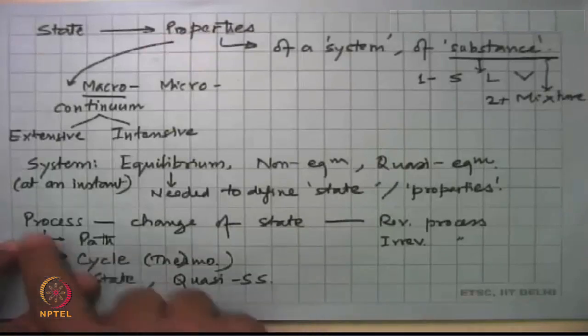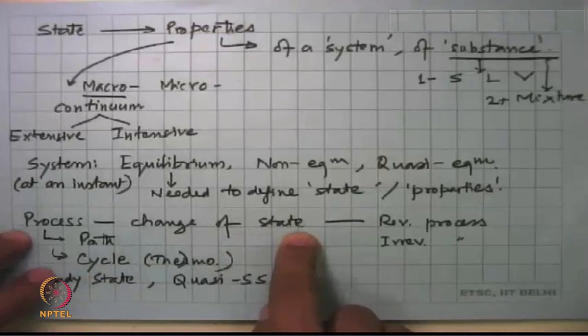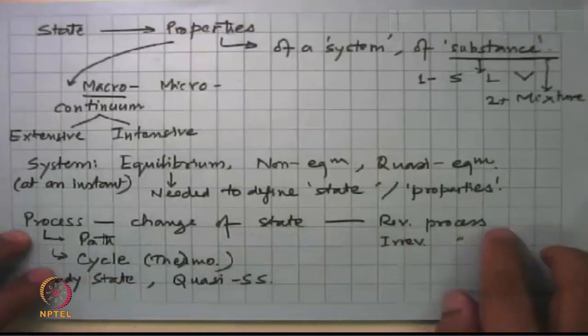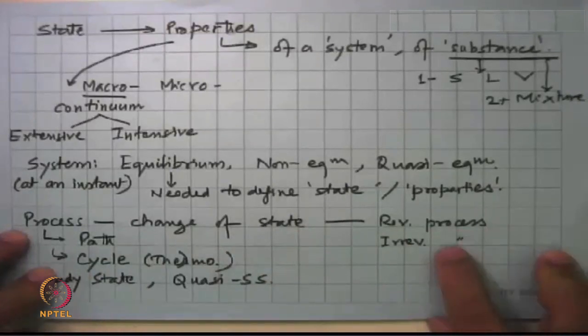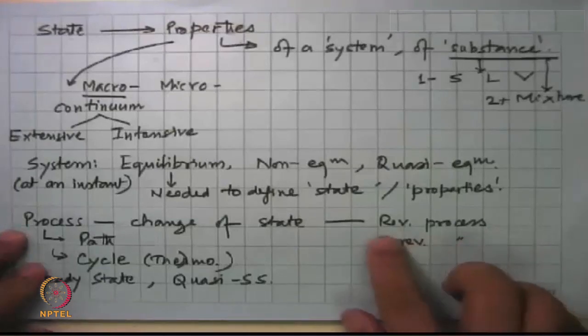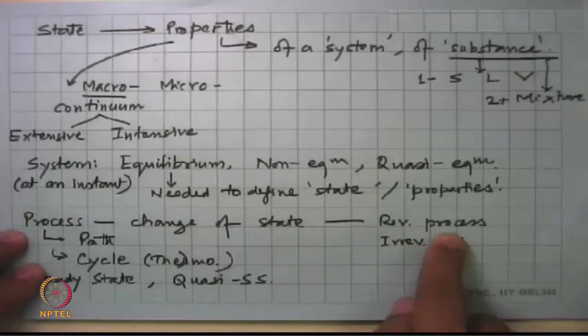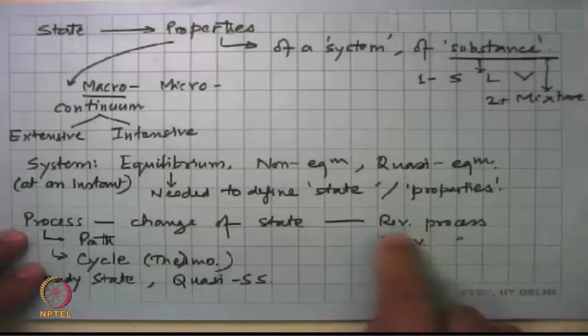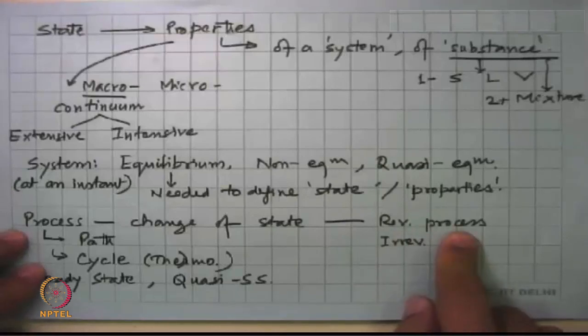We then went back and said, well, what type of processes can we have? And there are two types, a reversible process or an irreversible process. And then we went on to define what is a reversible process. This is one where the process can be reversed.